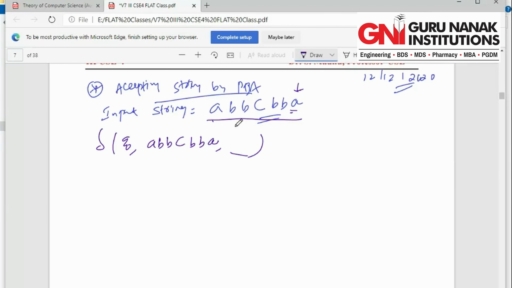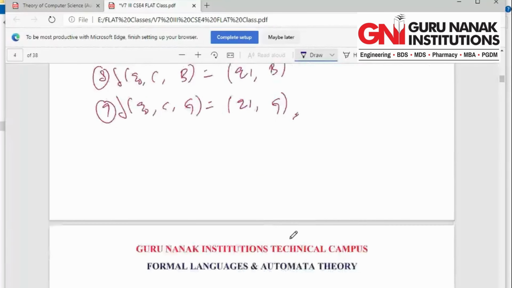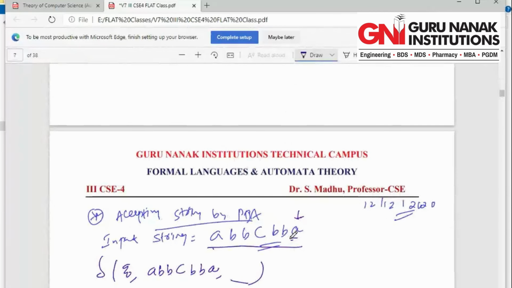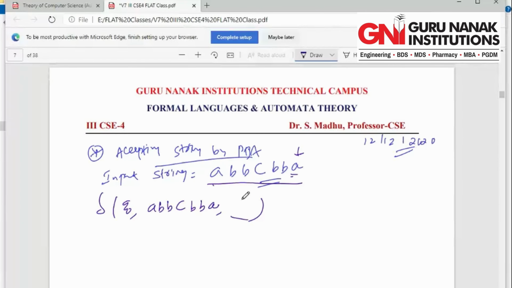Initially the top of the stack is actually Z. In place of Z, what have you taken? R. So you take R here. So now Q naught, input is A, top of the stack is R.